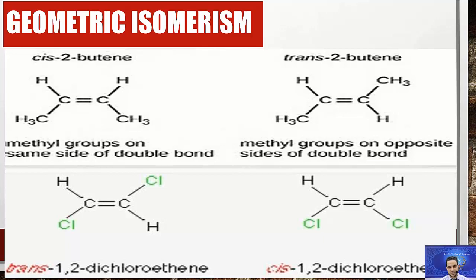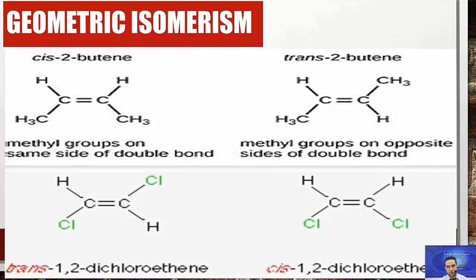If you arrange them on opposite sides, it is called trans. See number 1, cis-2-butene. Why? CH3, two groups on the same side, but on the right, on different sides or opposite sides. So same side, cis, different sides, trans.